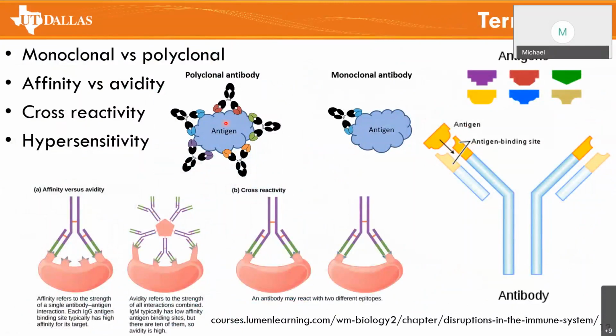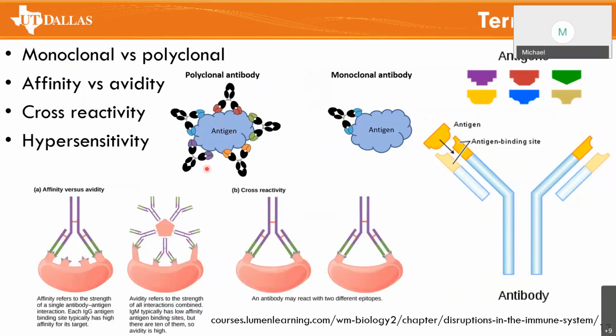Then we have monoclonal antibodies and polyclonal antibodies. The difference is monoclonal antibodies can only bind to one side of an antigen, and these are produced by one B cell that has differentiated. So this is very unique and very specific to that antigen.